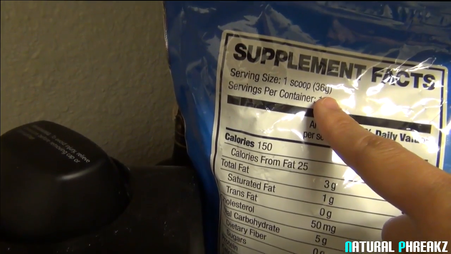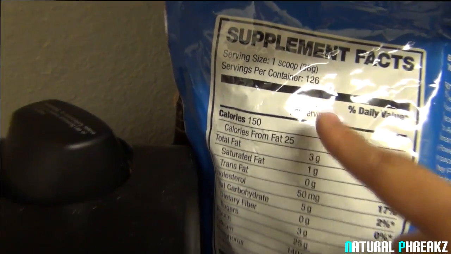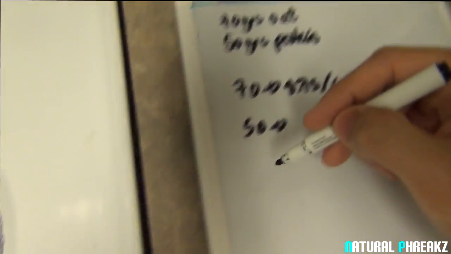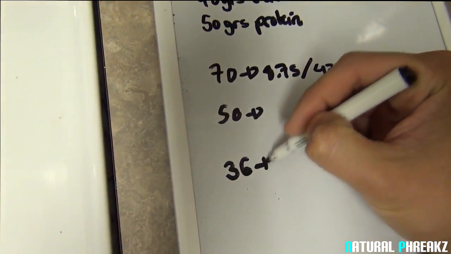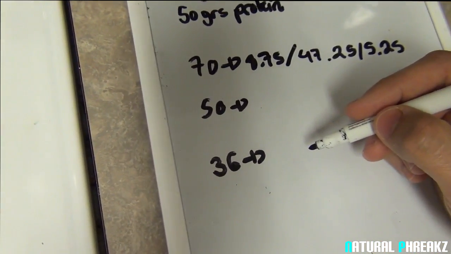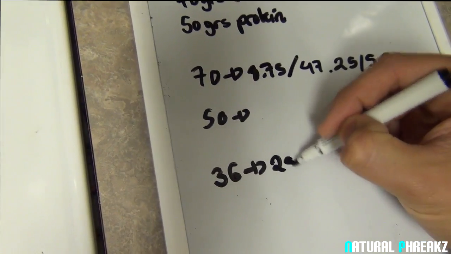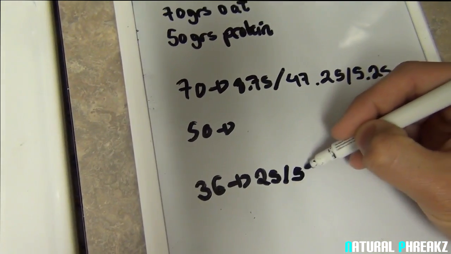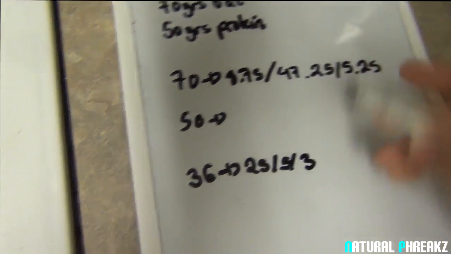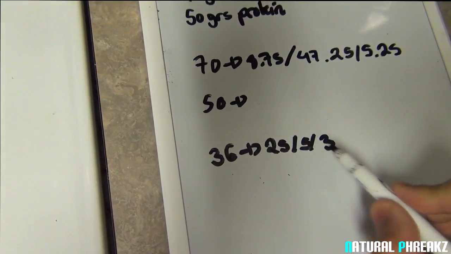So I grabbed 50 grams, so I have to do the same. So I write down 36 contains 25, 5, and 3. Remember, this is protein, carbs, and fats.